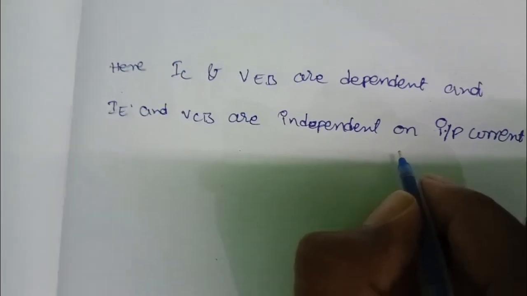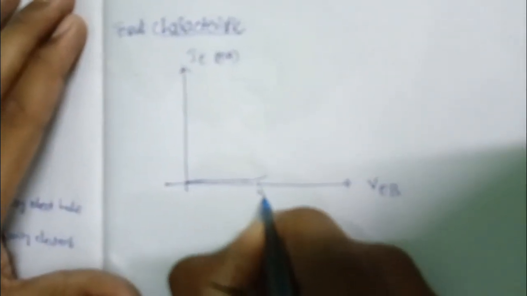Input characteristic. We draw the input characteristic between the input quantities by keeping the output quantities constant. On the x-axis we consider VEB, on the y-axis we consider IE in milliamperes. In forward bias, the current increases slowly up to the cut-in voltage V gamma.